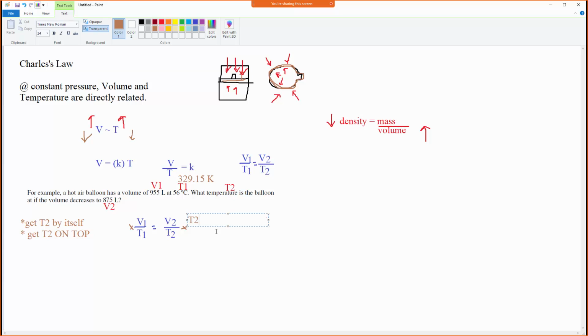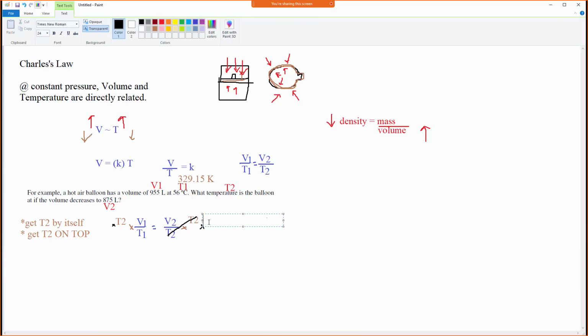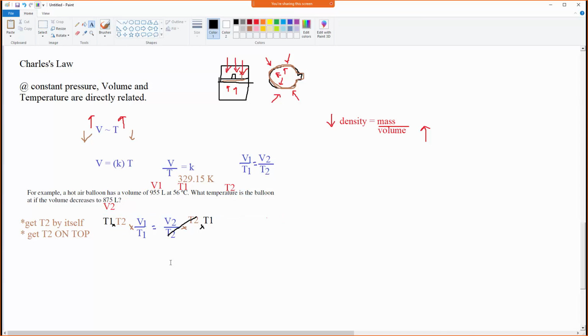Multiply both sides by T2. That gets it on top, right? And that'll cancel. Good. And now that it's on top, I need to get it by itself. So I'm going to multiply both sides by T1 as well. And when I do that, my T1s will cancel here. And then I'm going to divide both sides by V1.